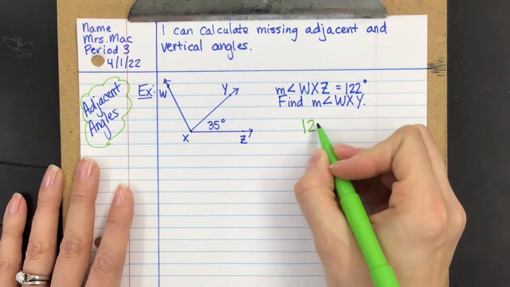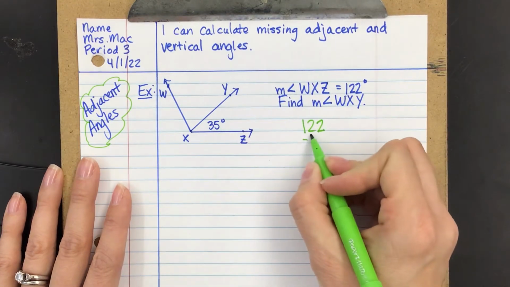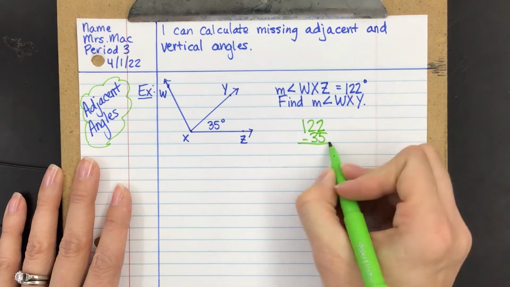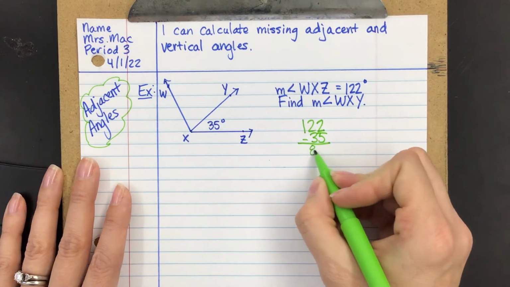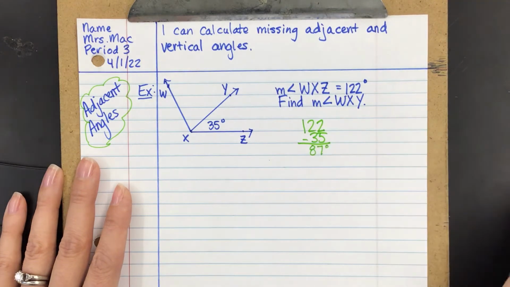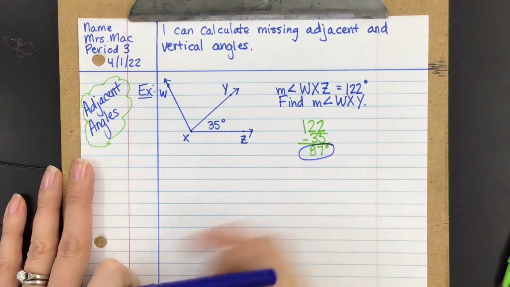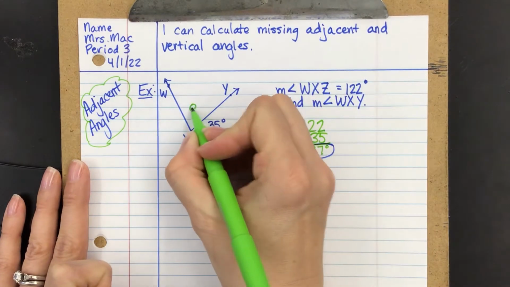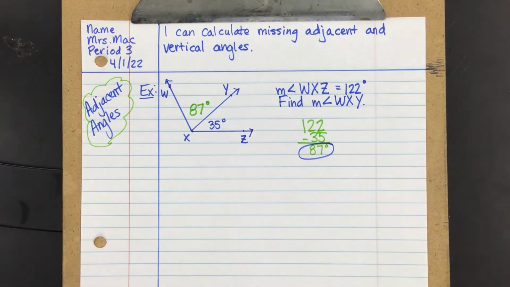We're going to take the measure of the whole angle and we're going to subtract the measure of that angle to find the other angle. I'm getting 87. Is that what you guys got on that? Okay, so that means this angle right here is 87 degrees. Pretty straightforward, right? Yeah? Okay, let's add some algebra.